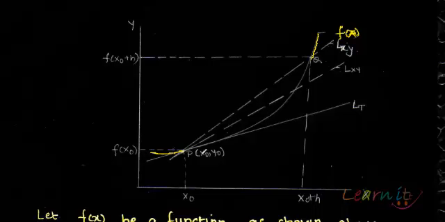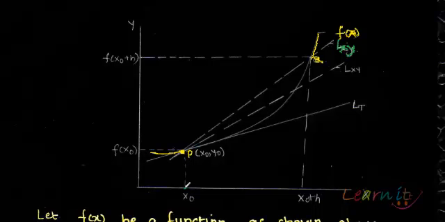Let us take one point P, and Q. In case you join PQ, there is a line which I call L. Now this point P essentially associates x0 and y0.